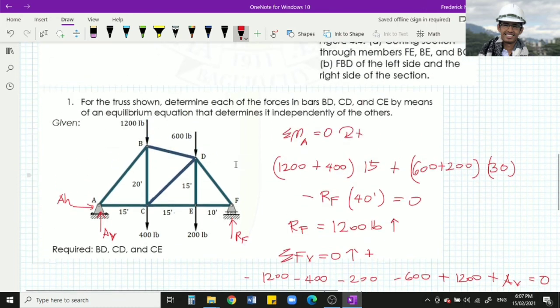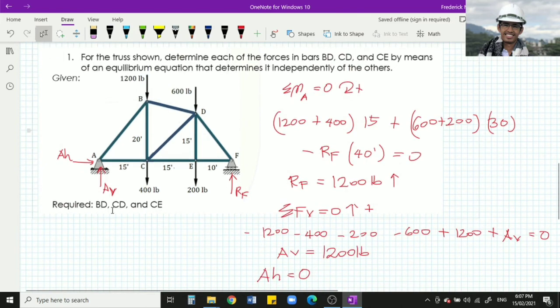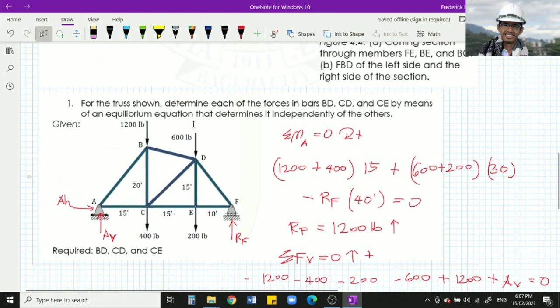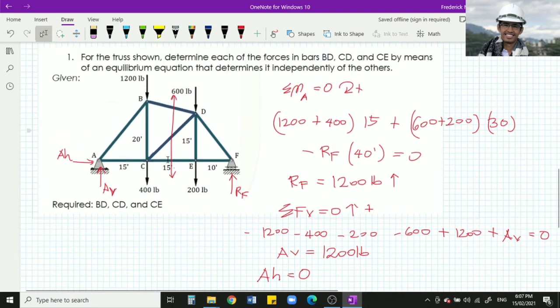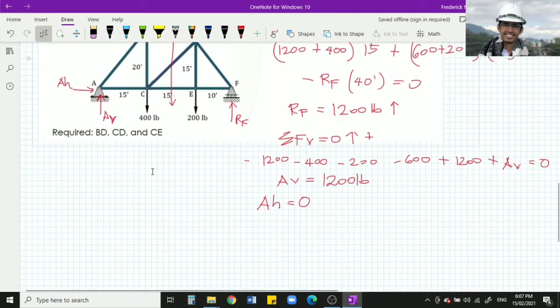Okay? Now, getting yung BD, CD, and CE natin, you use method of section. So, yung section natin, dadaan siya dito sa ating BD, CD, CE. Okay? So, dito yung magiging section natin. Okay? So, dyan. And, i-isolate natin itong left side para makompute natin, makuha kaagad natin yung BD, CD, and CE.